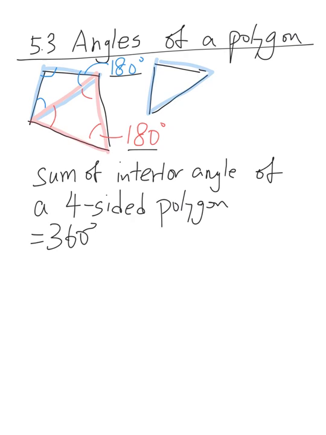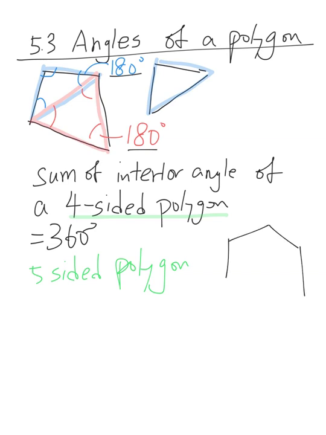Okay, what happens if it becomes not only four sides but a five-side polygon? The thing is similar to the four-side polygon. Instead of having two triangles, now you will have another triangle.